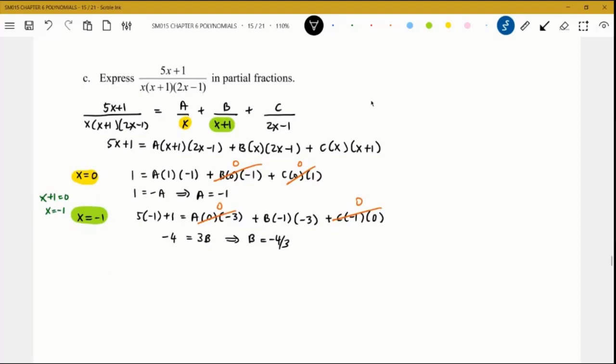And then the last one, which is dia datang daripada idea yang ini, 2x minus 1. So 2x minus 1 equal with 0, x will be half. So x equal to half. Okay, so substitute into the left hand side and right hand side of this line. Line yang ini.